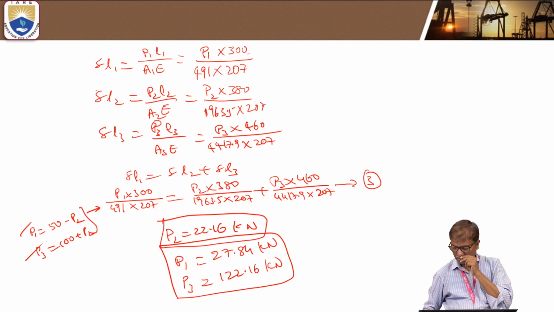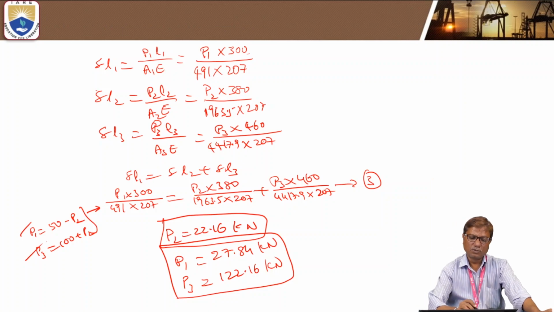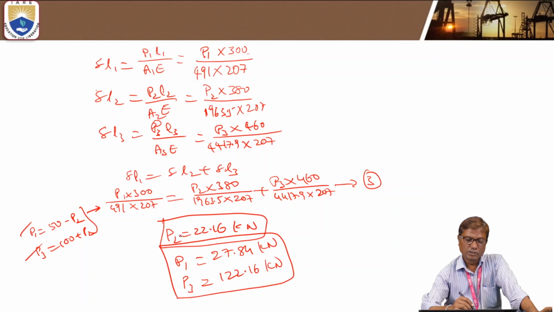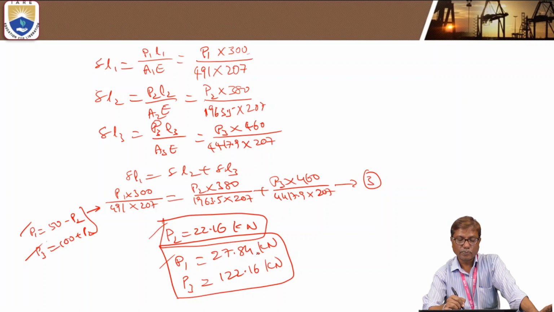So knowing this, these are the loads shared. So the 50 kilonewtons applied at B is shared as 27.84 for portion AB and 22.16 for portion BC.